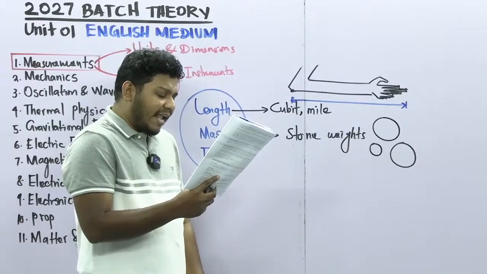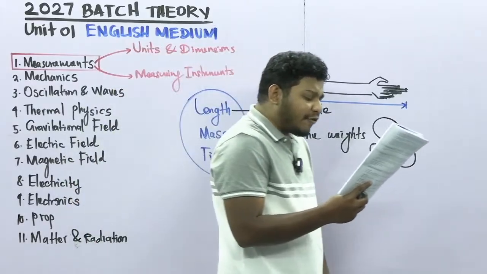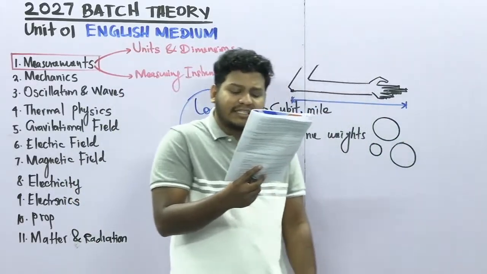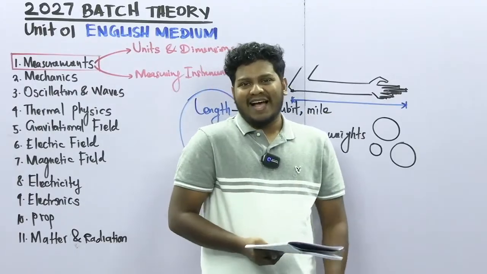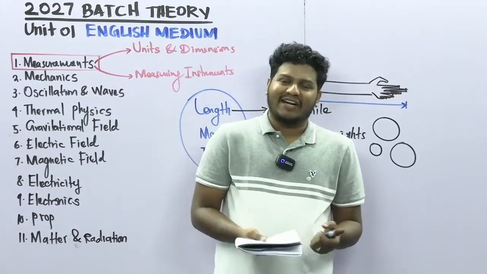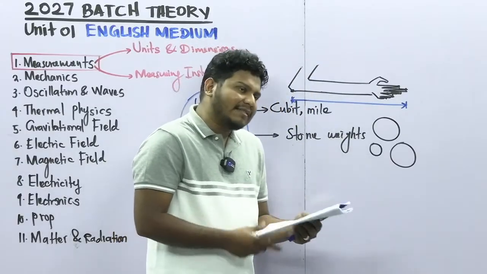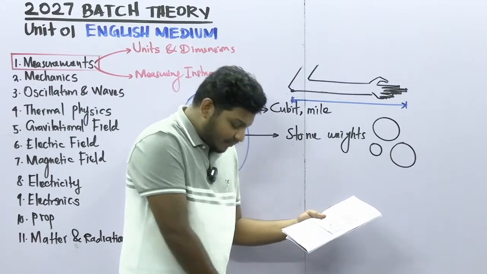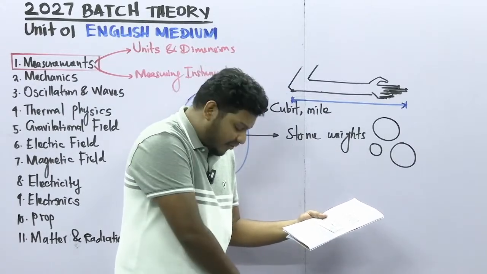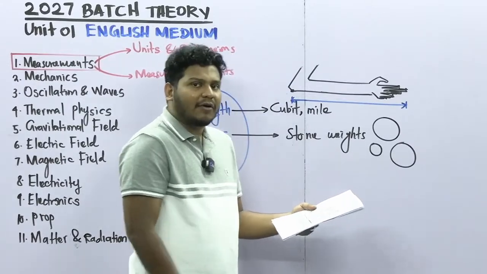In 890 AD, King Alfred of England established a standard unit called the foot. You already know this one, guys, right? What is a foot? The length between the ankle and the end of your toes in your leg. That is 1 foot.